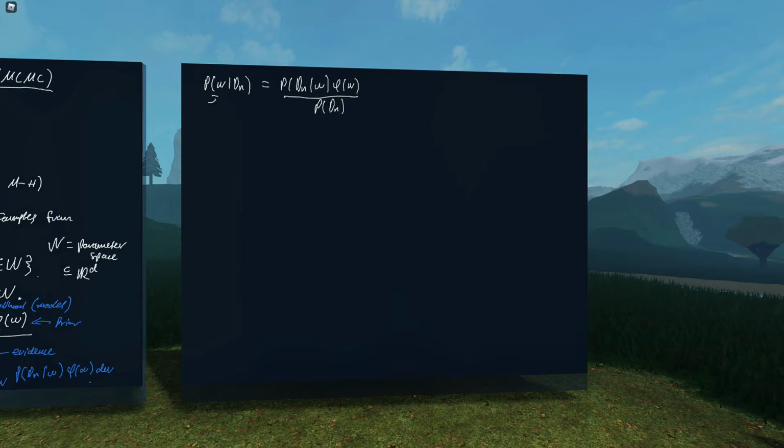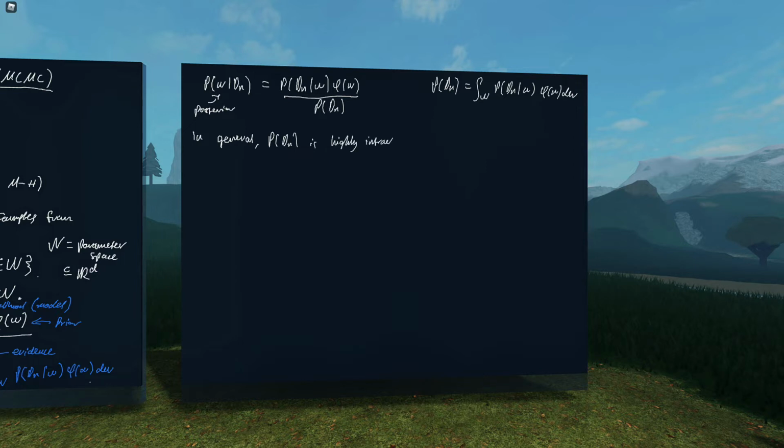Okay. So in general, the evidence term, which recall the evidence is this integral over the whole space of the model, or the likelihood times the prior. The evidence is highly intractable.